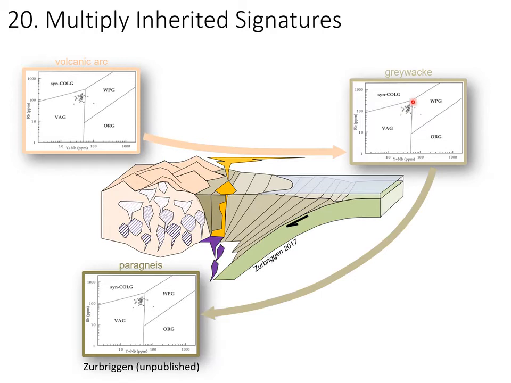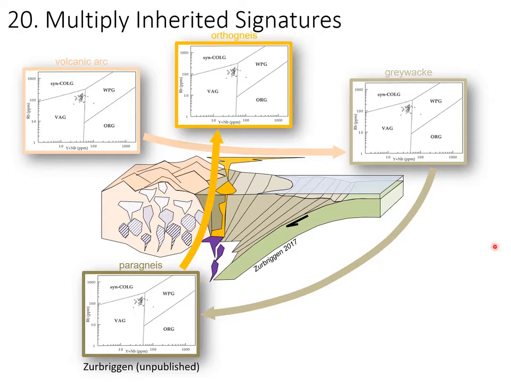The same occurs when these greywackes are being subducted to be metamorphosed and become paragneisses. They still have a volcanic arc signature. And when these paragneisses are going to melt to produce orthogneisses, again, the same signature goes into the orthogneiss.